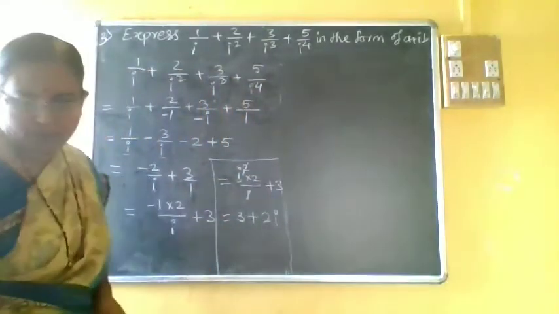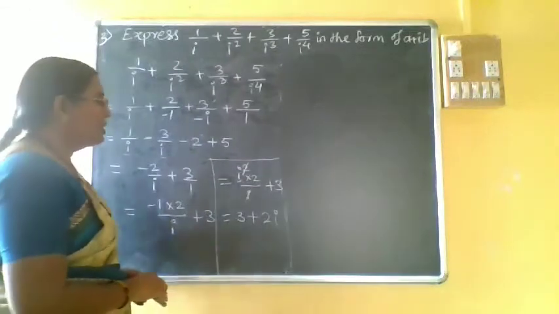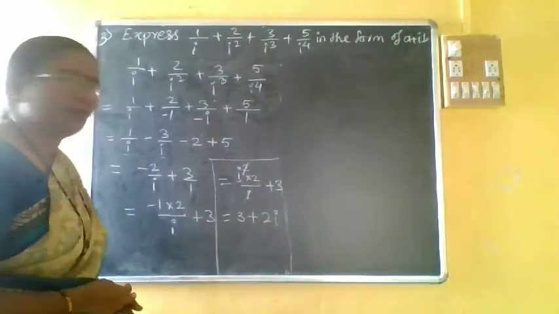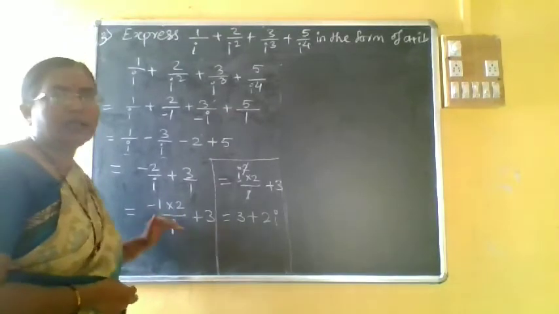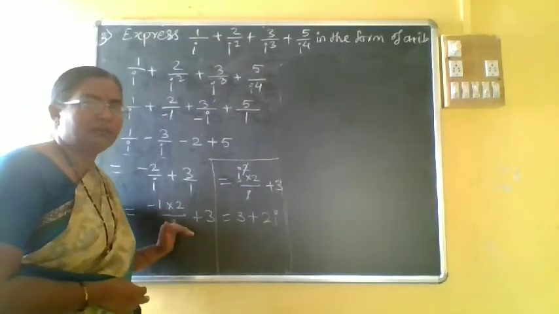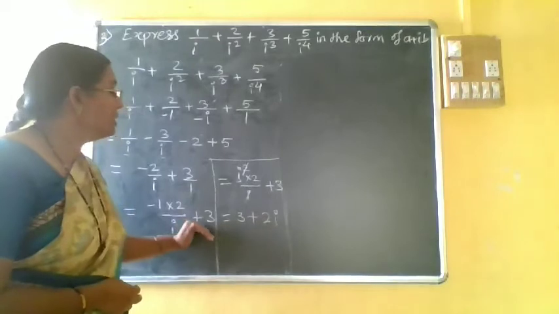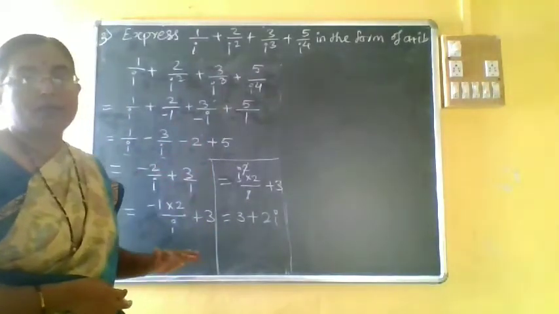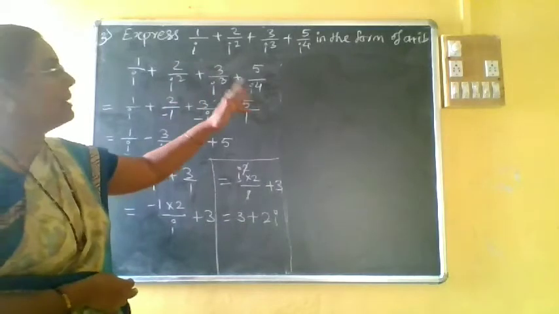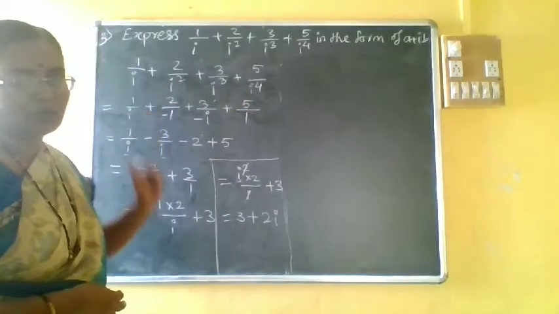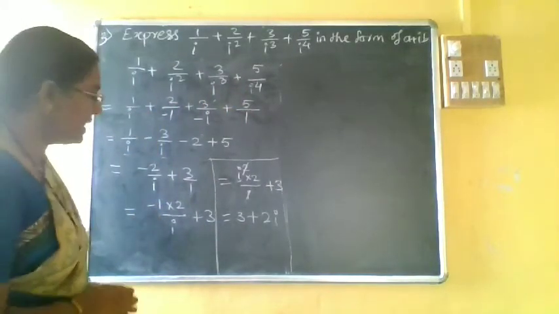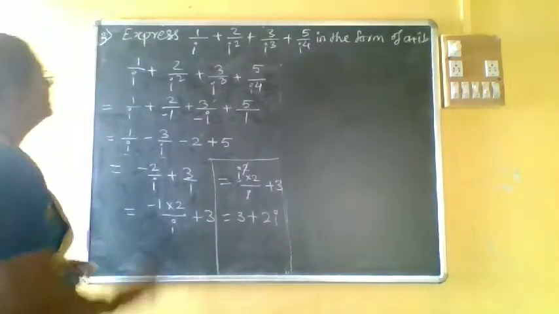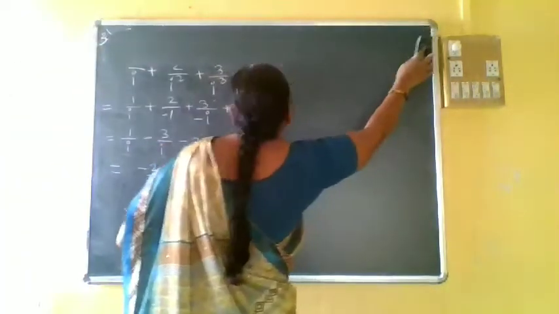After seeing the video, try other examples and practice how to write the format a plus i into b, which is the format of complex numbers. Next we are going to show another example.